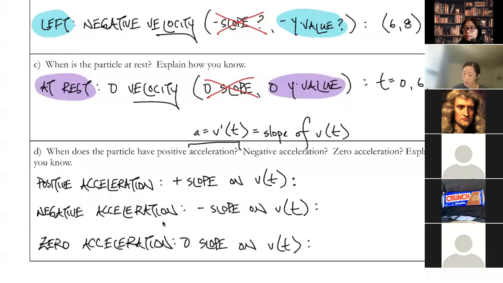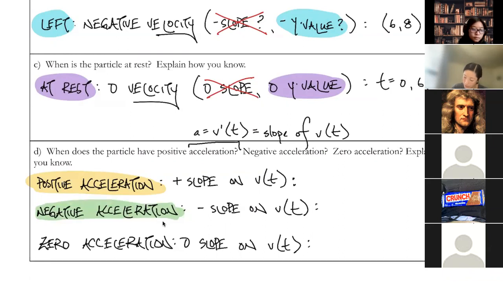And so if we go back up to our graph, let's think about where we might see positive acceleration. All right, and I'm keeping in mind we're looking for positive slope. And let's similarly look for, what color have we not used yet? Use that one. Negative acceleration would mean that we're looking for a negative slope.